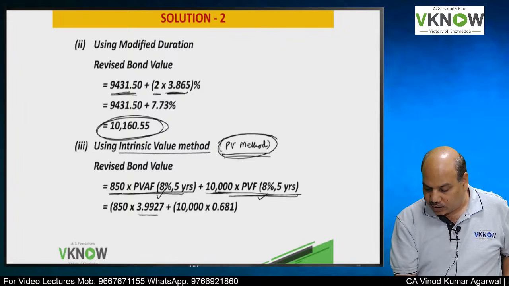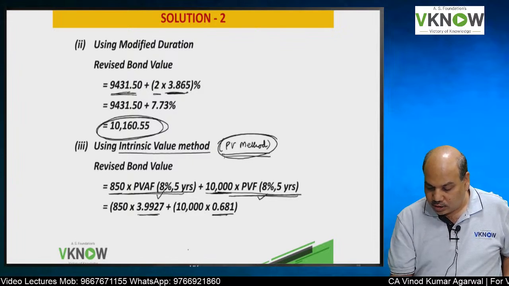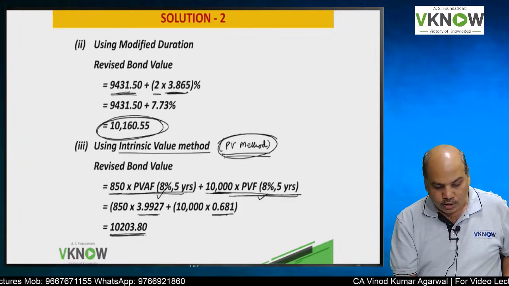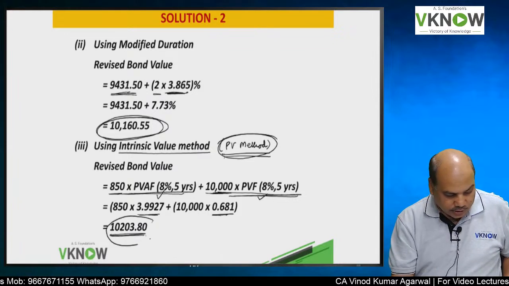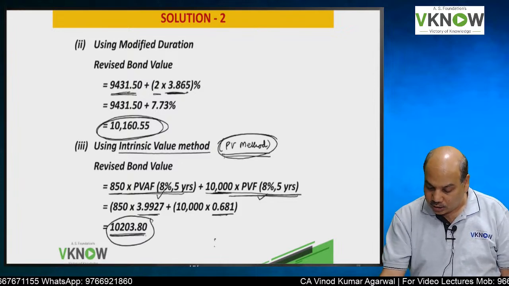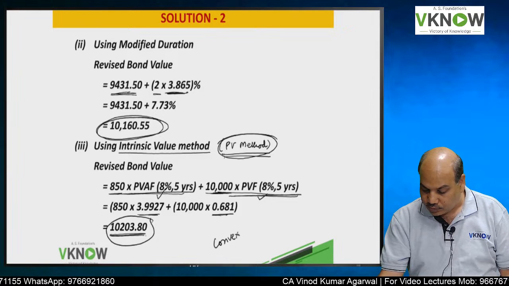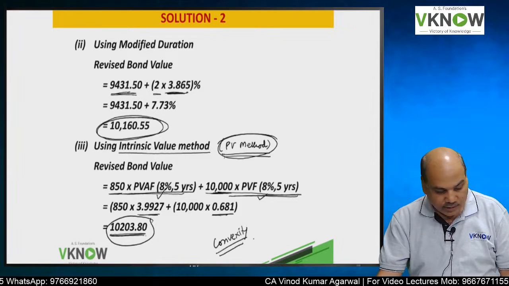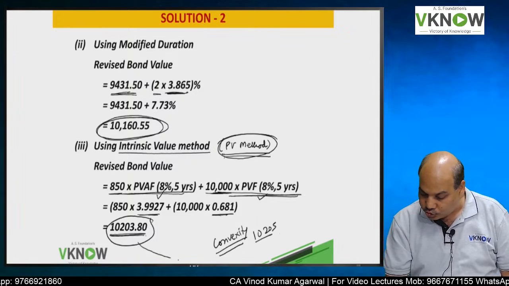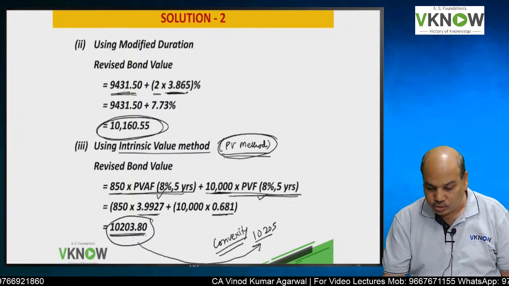I have taken the factor from there, and then approximately my answer is 10,203.80. And if you remember, the answer as per convexity was 10,205. These two answers are close.